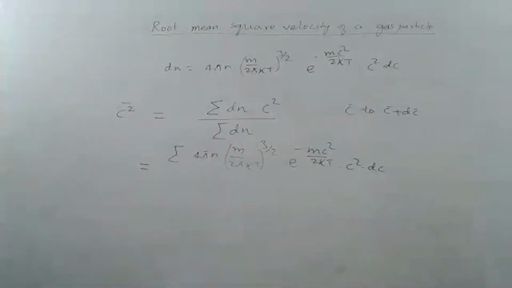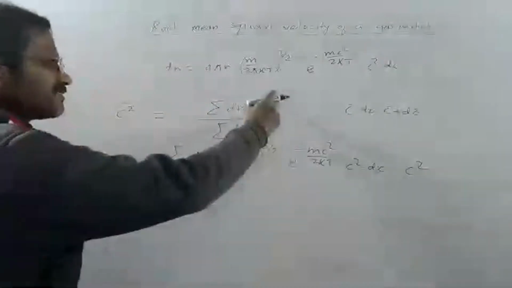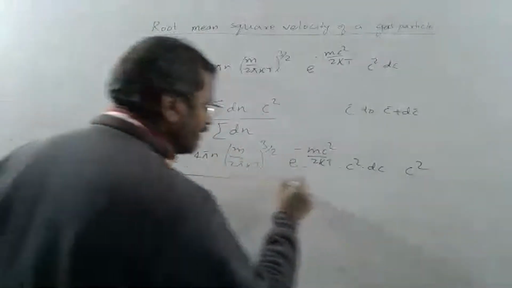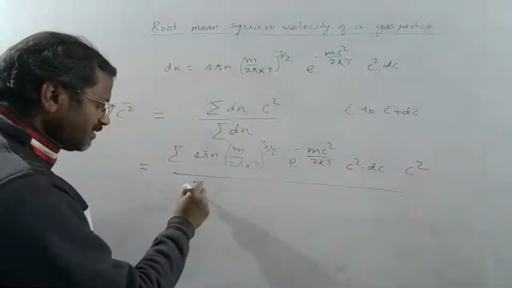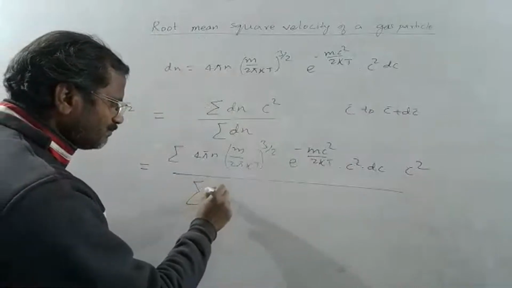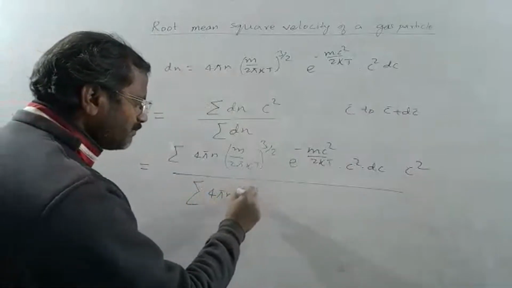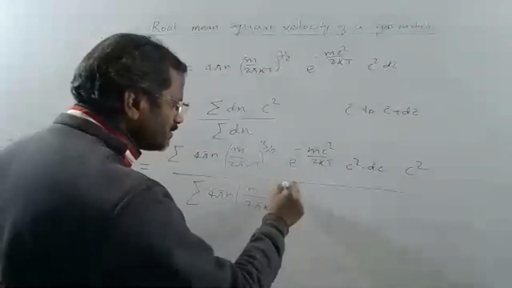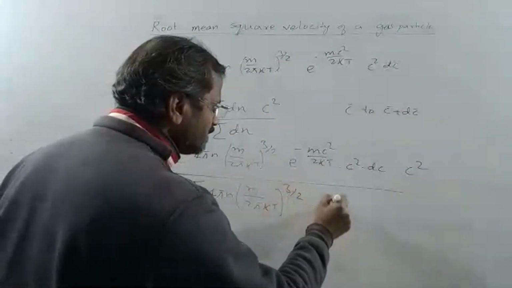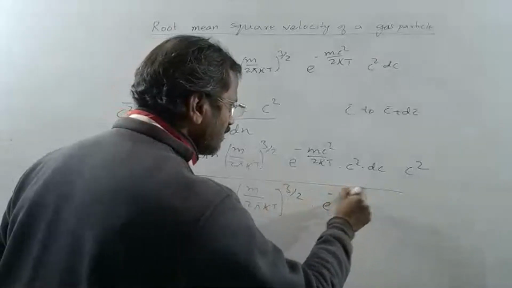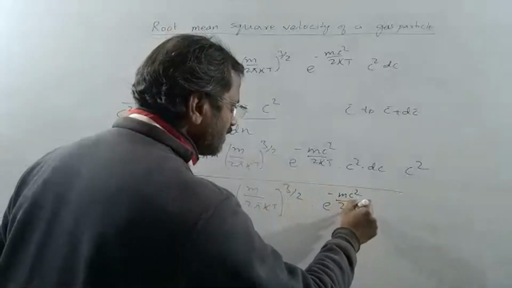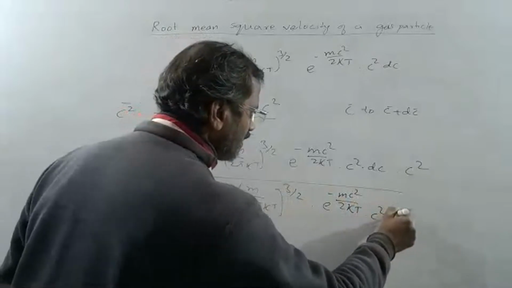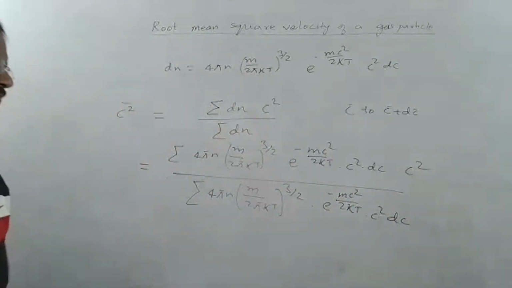This is the value multiplied by c square, divided by the summation of 4 pi n, m by 2 pi kT to the power 3 by 2, into e to the power minus mc square divided by 2kT, into c square dc.